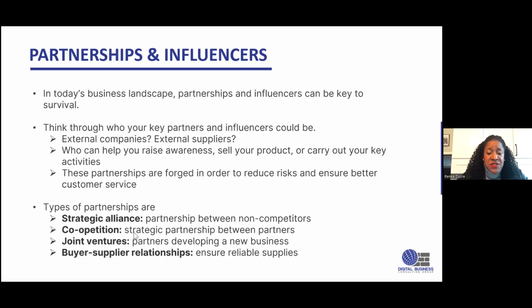Partnerships and influencers, again, survival these days is all about partnerships. And it's either with other brands, or with influencers, like people that are well known. Maybe, again, you want to build a relationship with the young Gen Zers.